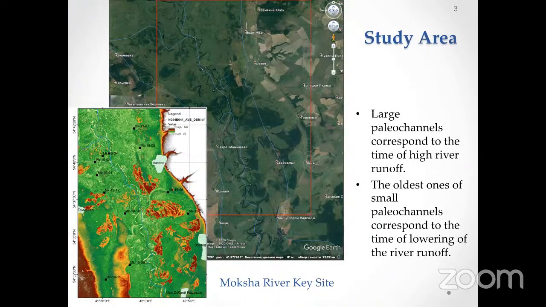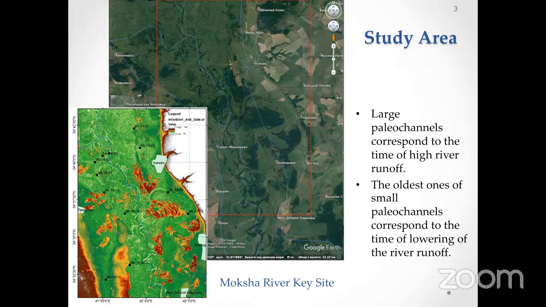Such large macromeanders are spread globally in the temperate climate zone of the northern hemisphere. However, the East European plain is characterized by a great number of such paleochannels and their good preservation in topography of river valleys. Channel widths of macromeanders are a few times larger than the recent meanders of the same rivers.